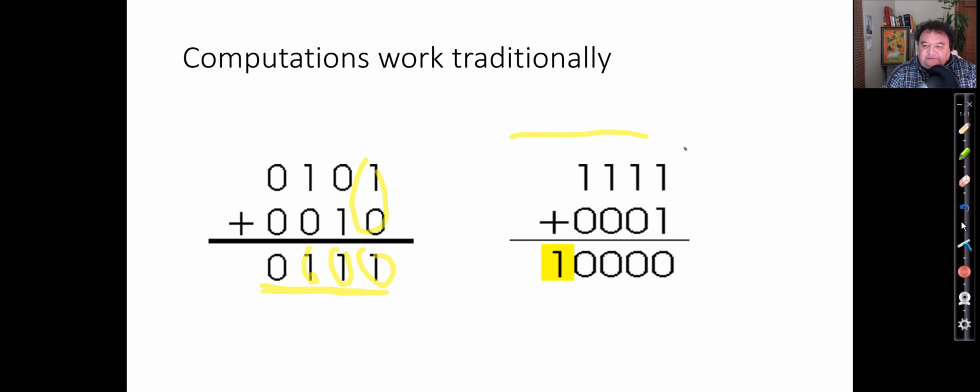Now if we have a number like this where we have 1, 1, 1, 1, and then we add 0, 0, 0, 1, based on the fact that we only have two symbols, 1 plus 1 would be 2, which is really 1, 0 in binary. So we would write 0 and carry 1 at the top. And so then we have again 1 plus 1 plus 0 is 1, 0.